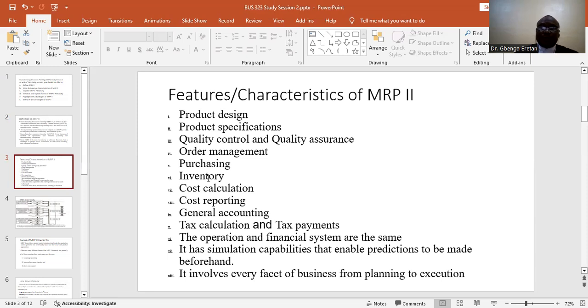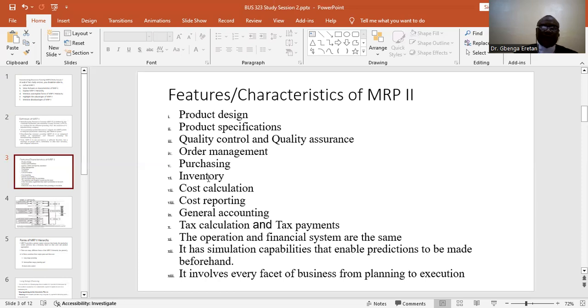Cost calculation. MRP 2 also enables us to calculate our costs to ensure that products are produced at the minimum cost. Then number 7, cost reporting. It enables us to report the cost to the appropriate management on what it takes to produce a unit of a product.